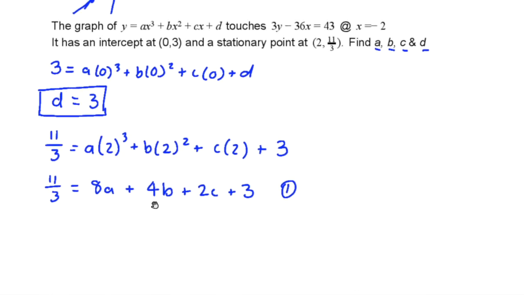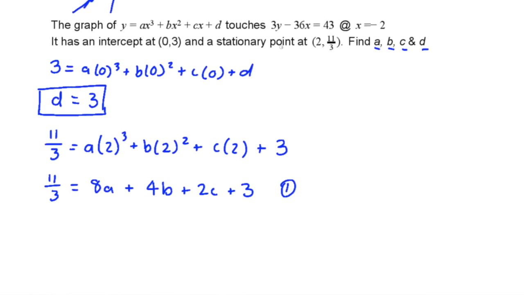What other information do we know? We know that it has a stationary point, and a stationary point is where the derivative equals 0. So when x equals 2, our derivative is going to equal 0. First we find the derivative: y dash is equal to 3ax squared plus 2bx plus c.